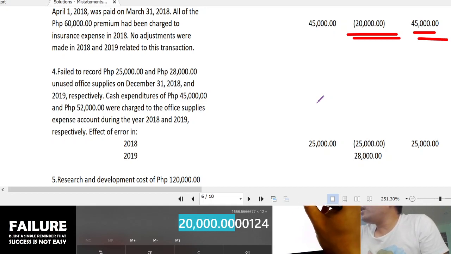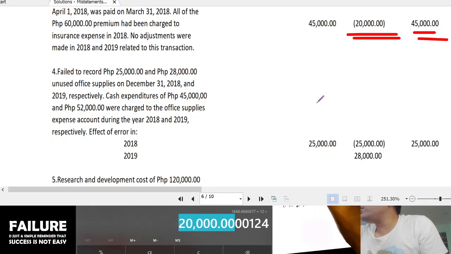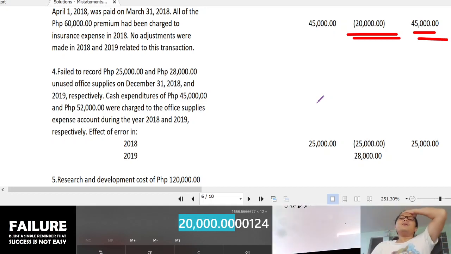It will overstate your supplies expense. Kasi yun nga, may mga hindi pa nagamit pero chinarge mo na siya as expense. Sobra yung expense mo by how much? 25,000 in 2018 and 28,000 in 2019.